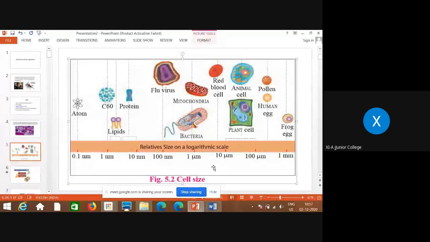So just for our reference, the sizes are given. This is the variation range of the size of different cells, how the cells vary in size and also shape. We will come to that point later. So the cells vary in size.